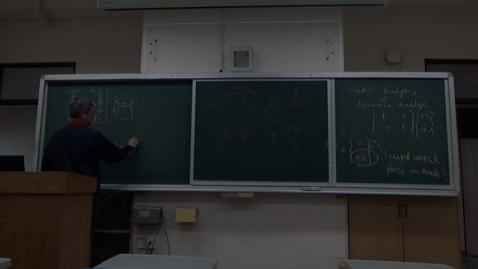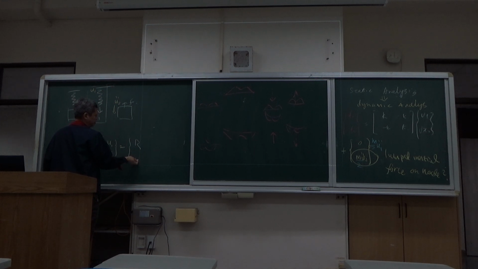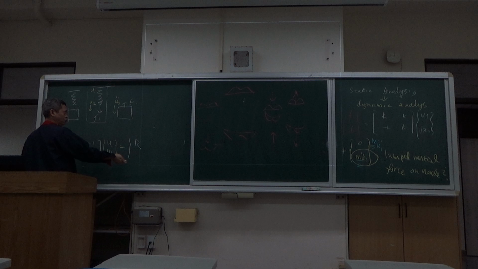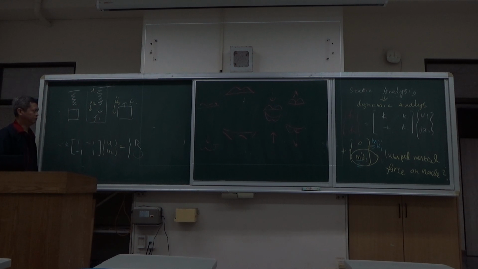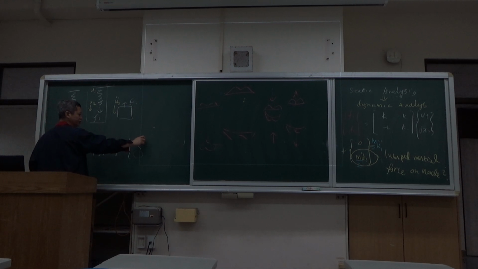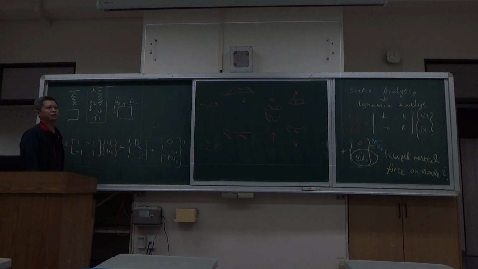The top is bounded, so you have the reaction force. And then the bottom, is it 0 when you excite it? When it's in free vibration, there is an inertial force.